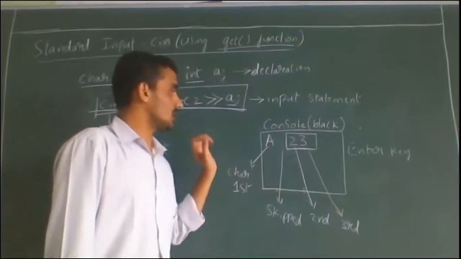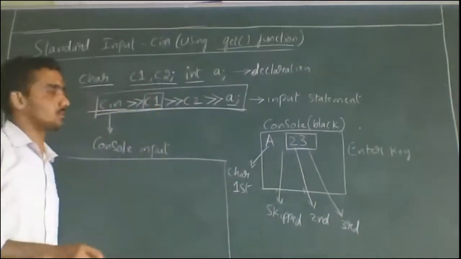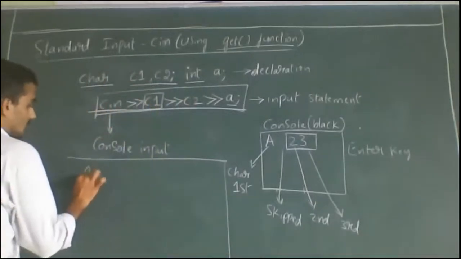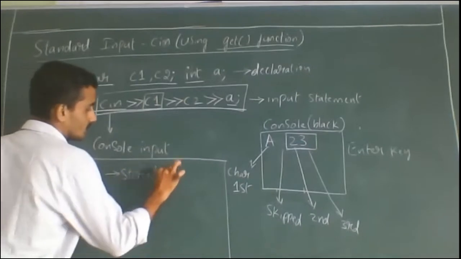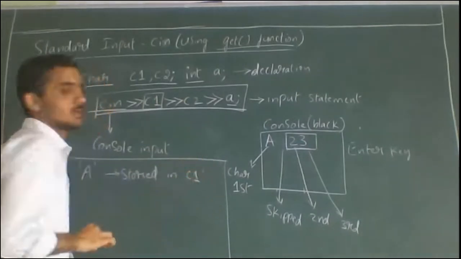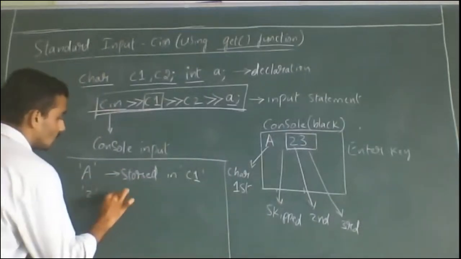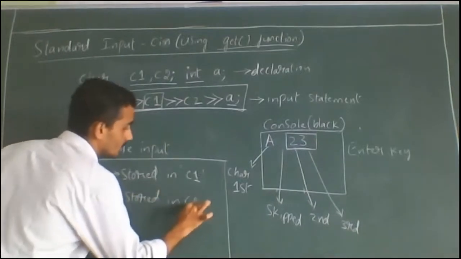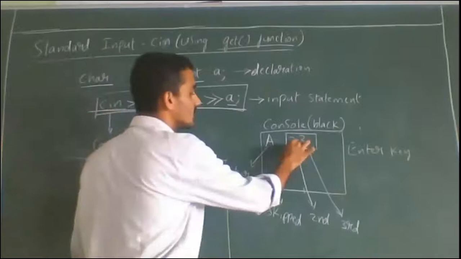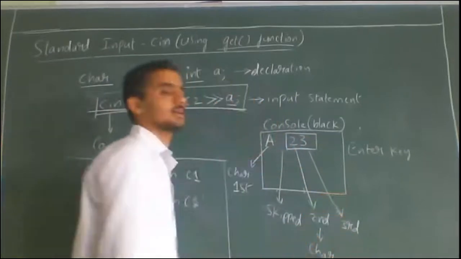So if it happens like this, then I'll tell you what values are stored in which variables. A will be stored in variable C1. 2 is stored in C2 because 2 will be considered as second input, plus it is considered as one single character.